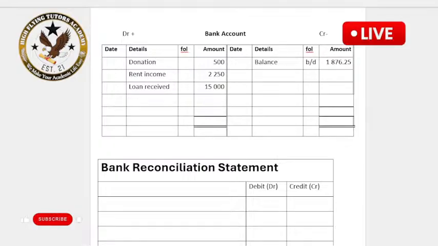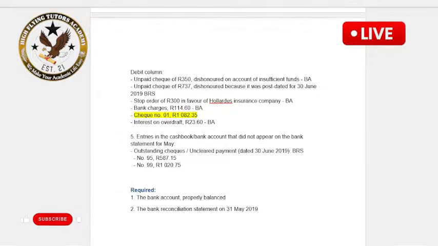The next question is an unpaid check of 350 by the debtor that was dishonored because of insufficient funds. So this was recorded in the bank statement but does not appear in our bank account, so we have to go and correct that in our bank account.